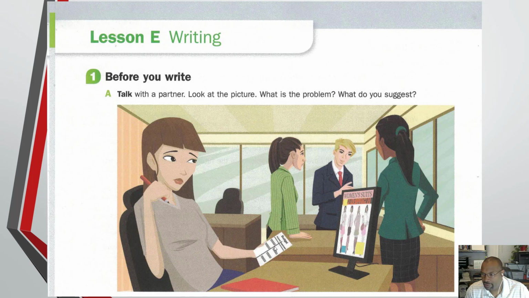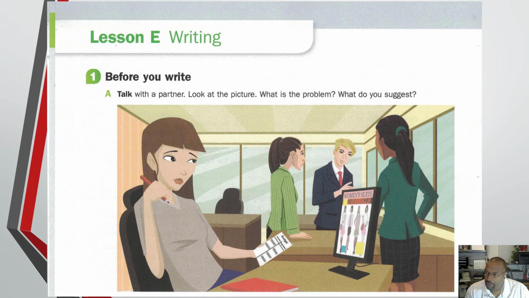More expenses than income. And she has a computer screen here. I don't know if she's looking at it. She might be looking at the three people over here. But on her screen, she has women's suits, and it looks like she is trying to look at some professional clothes.